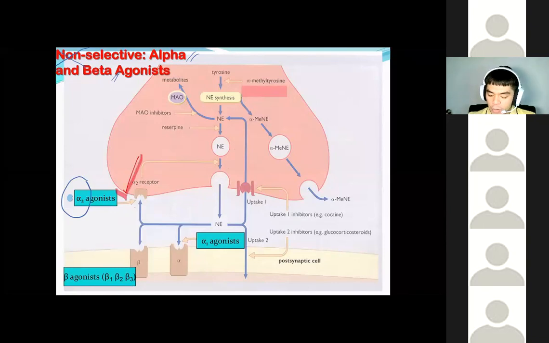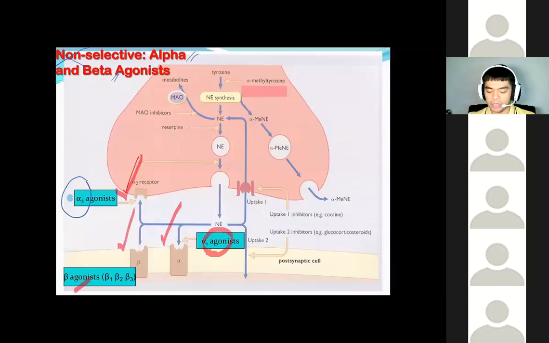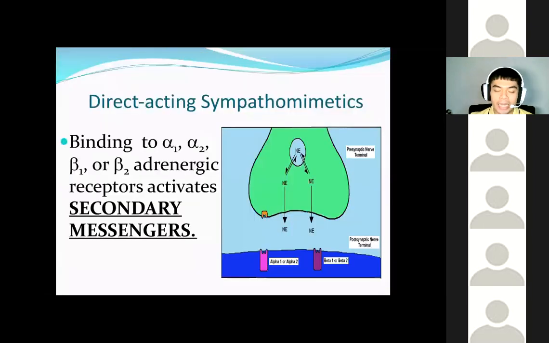Next, for alpha-1 naman, alpha-1 agonists can target postsynaptic alpha-1 receptors, while for beta agonists, beta-1, 2, and 3, they can activate beta receptors. Direct acting sila, pero selective kasi chosen lang ang pinupuntahan nila. Okay? So yan yung ibig sabihin natin ng selective direct acting. Now, na-discuss ko na to actually sa inyo.